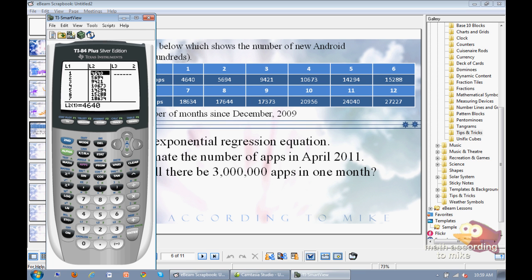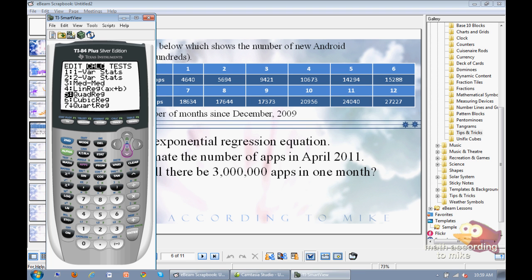So once your data is in there, to get your exponential regression equation, you want to go to second and then quit. I'm going to clear my screen because that's other stuff. So go to second, quit. Go back to stat. Scroll over once to calc.